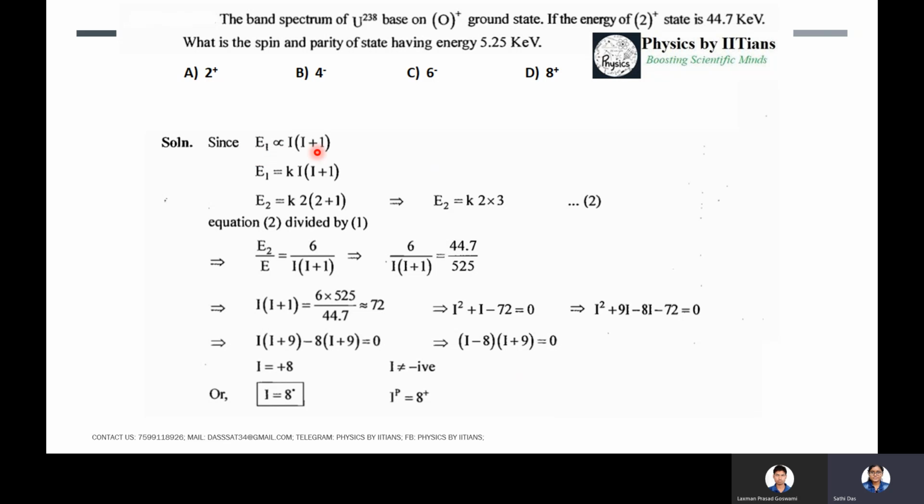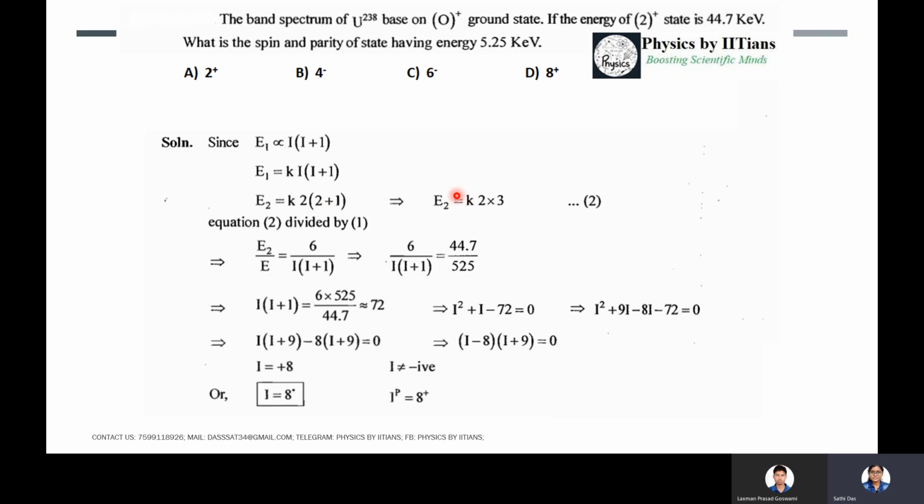So here, since we have this formula, that is EI is proportional to I into I plus 1, you can write EI equals K into I into I plus 1, where K is a constant. Suppose we take E1 as K into 1 plus 1. We can take E2 as K into 2 into 3, for the second state.